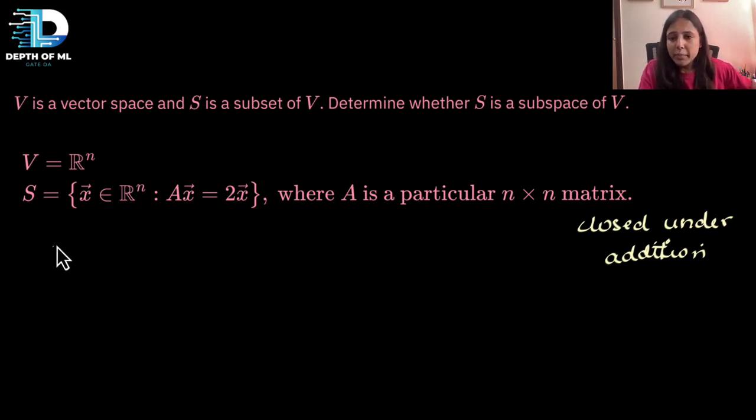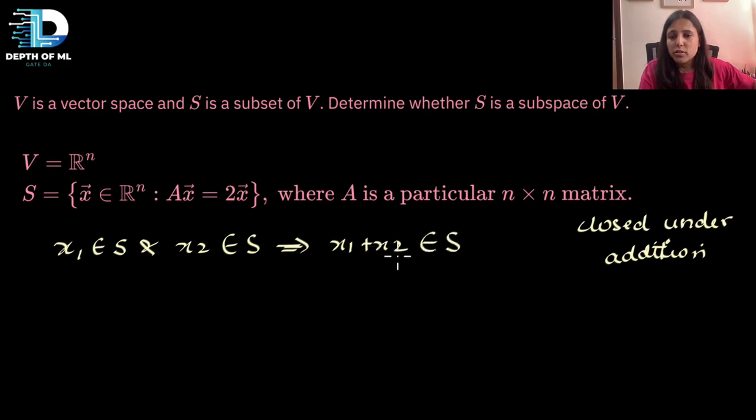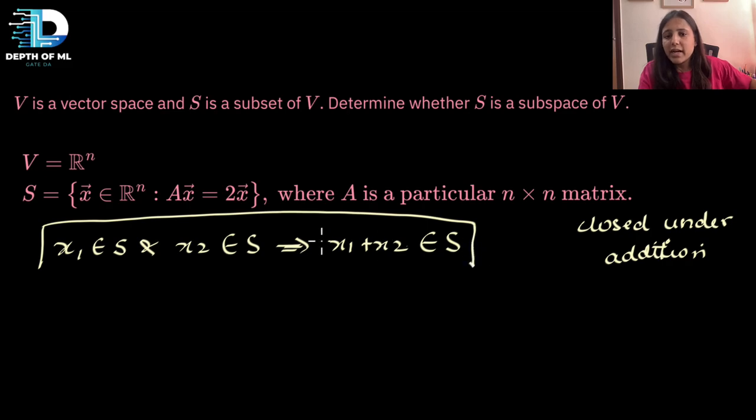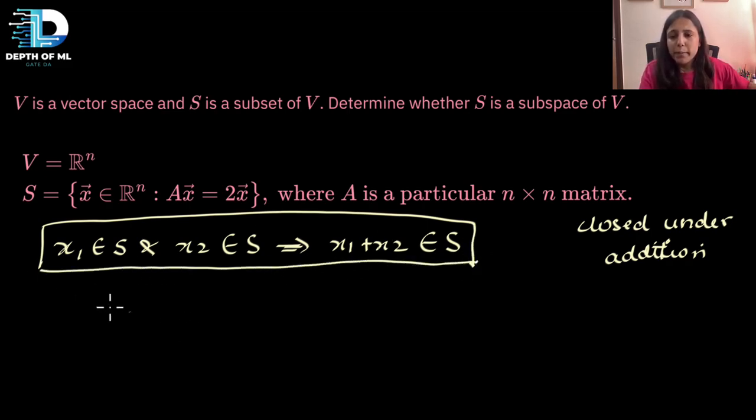It means that if x1 belongs to S and x2 belongs to S, then x1 plus x2 should also belong to S. So if this condition is true, then we will say that this is closed under addition.